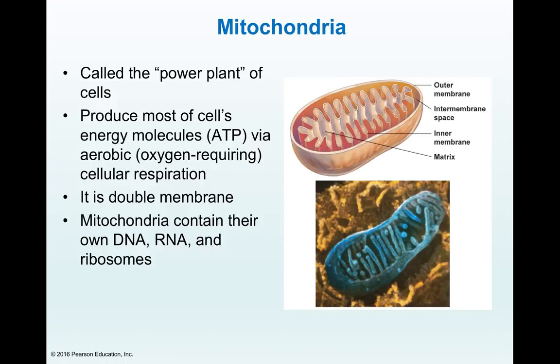For that to happen, you do require oxygen, and you carry out a reaction referred to as cellular respiration. A fascinating thing about mitochondria is that they contain their own DNA, RNA, and ribosomes, which means they can make their own proteins depending on need. So the mitochondria is a very independent structure that is responsible for production of energy within the cell, but it also has the ability to make its own proteins.